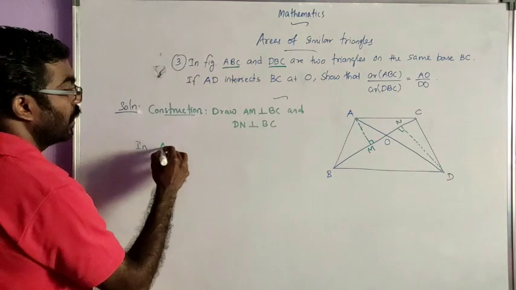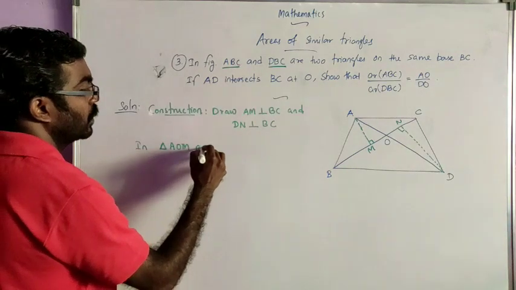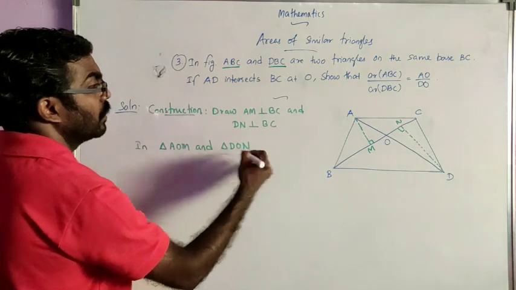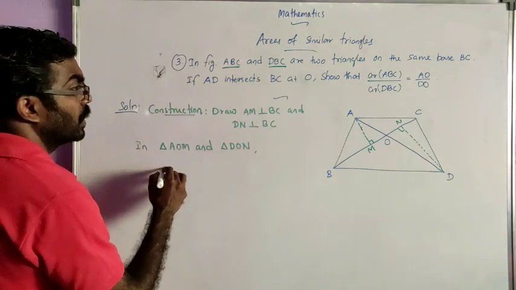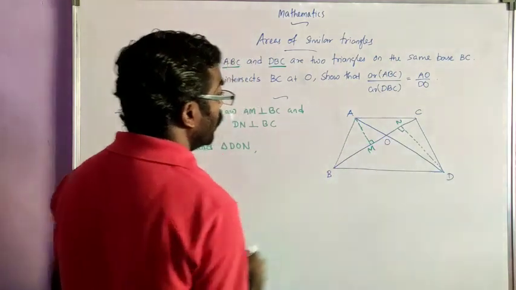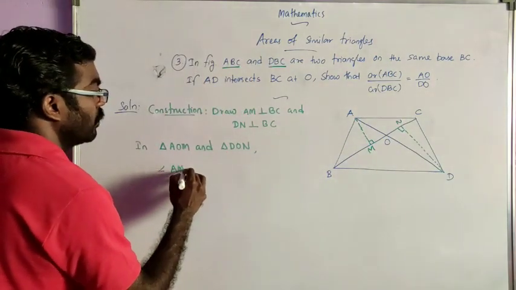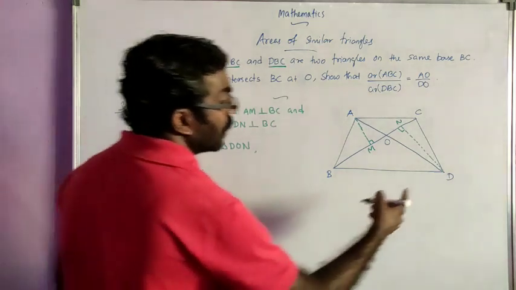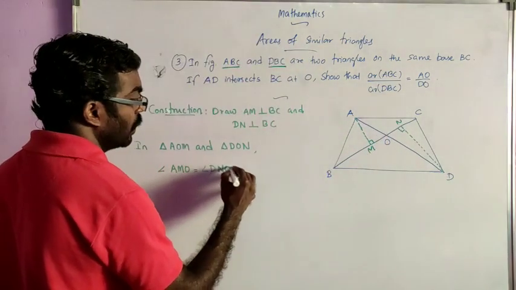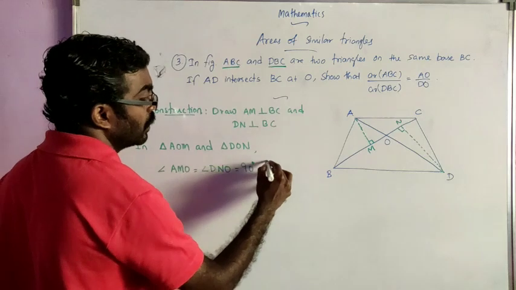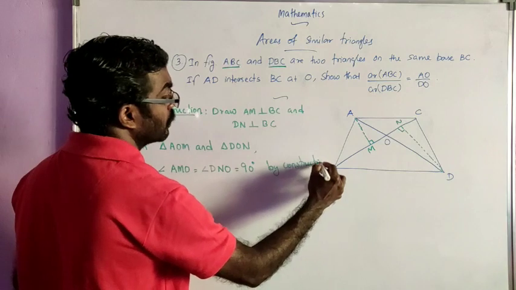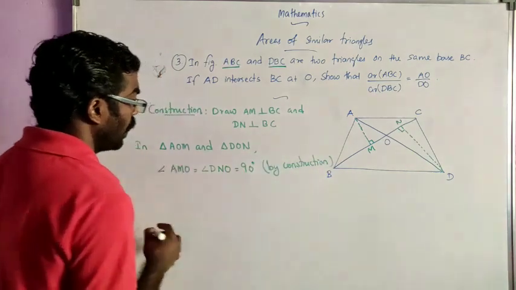So in triangle AOM and in triangle DON, what can we write by our construction? Angle AMO equal to angle DNO equal to 90 degrees by our construction. Okay.